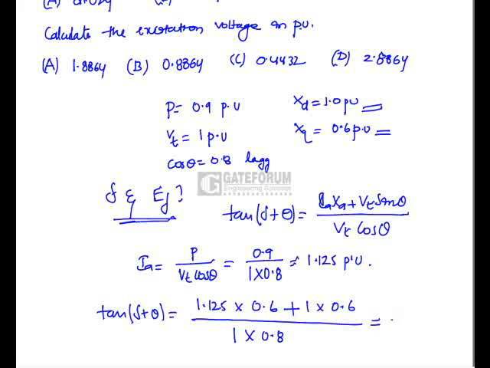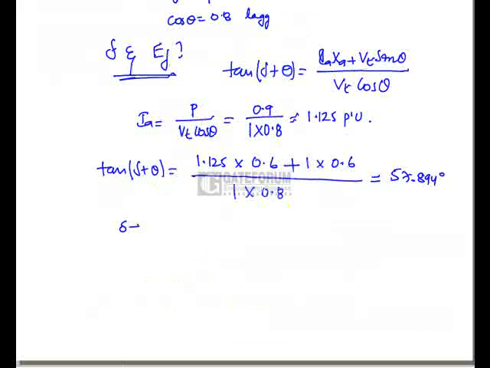Now we will get this in radians; convert it into degrees, 57.894 degrees.